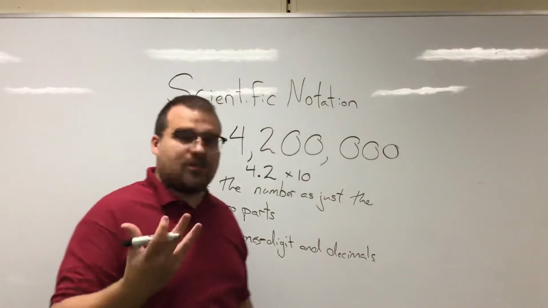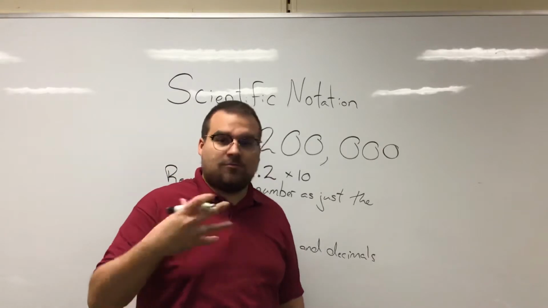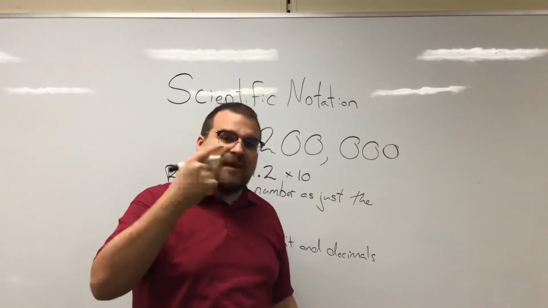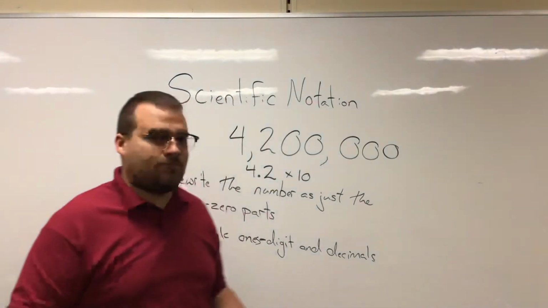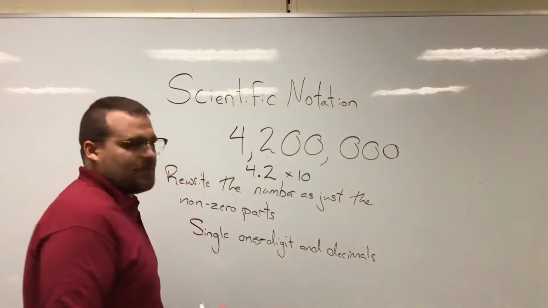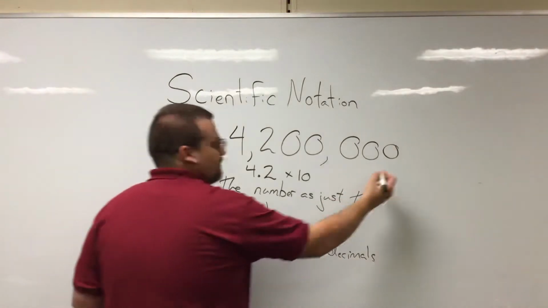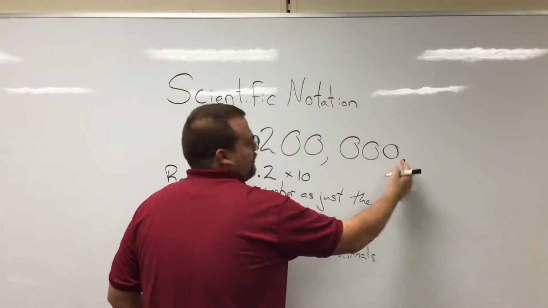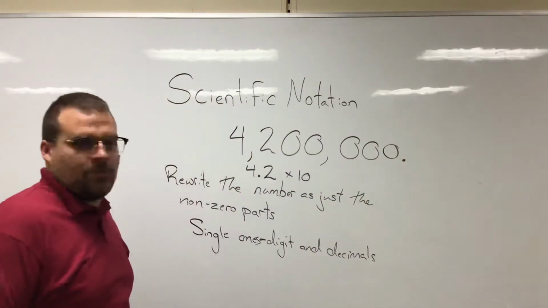Now the question is, how do we figure out what that number is? What is that exponent that goes with the 10? Well, where's the decimal currently at in this number? Yeah, the decimal technically is right there. It would be 0.0 whatever.